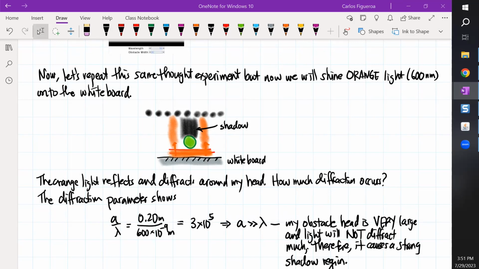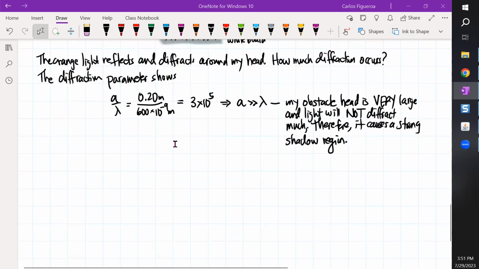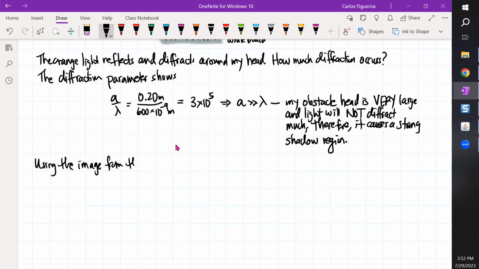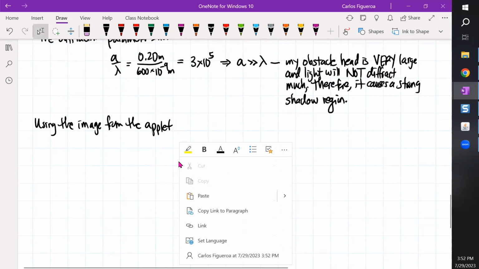So again, using the image from the applet, this is the situation that we get.